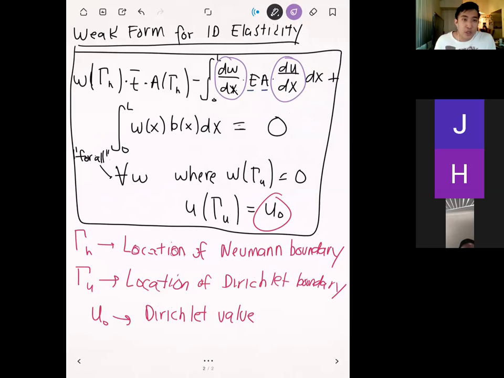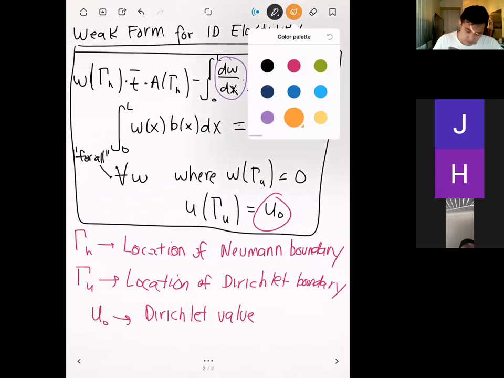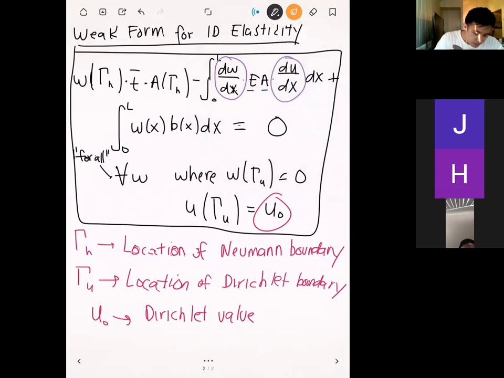One of the benefits of the weak form is that we can separate this derivative out. So instead of having one second order derivative term, we have two terms that are first order derivative. And what you'll see later on, at the end of lecture today, is why this is really nice and really important. And then the other thing that we talked about was this.